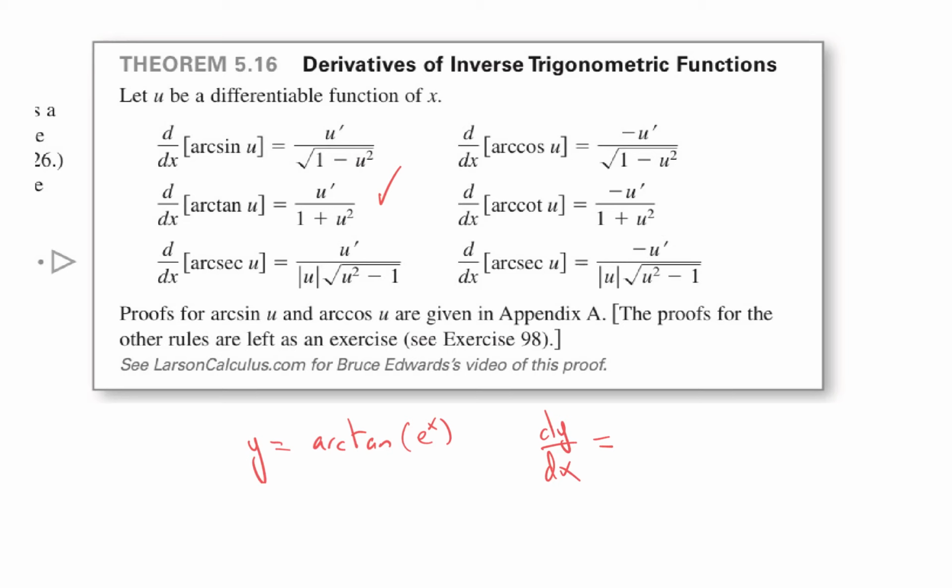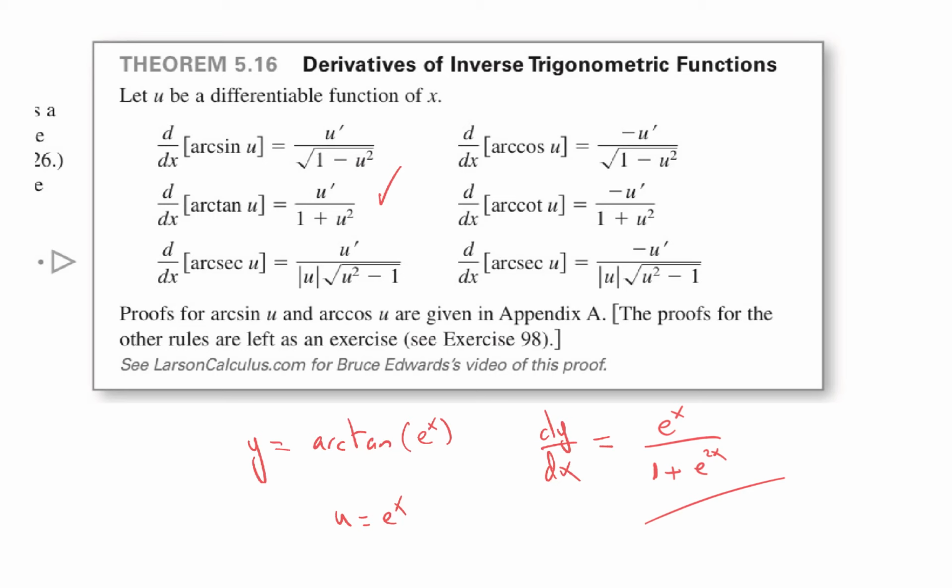And here the solution says u is equal to e to the x. So the solution is u prime, e to the x, divided by 1 plus u squared, e to the x squared. And I think it was the same solution as before. Well, this solution is much faster for sure.